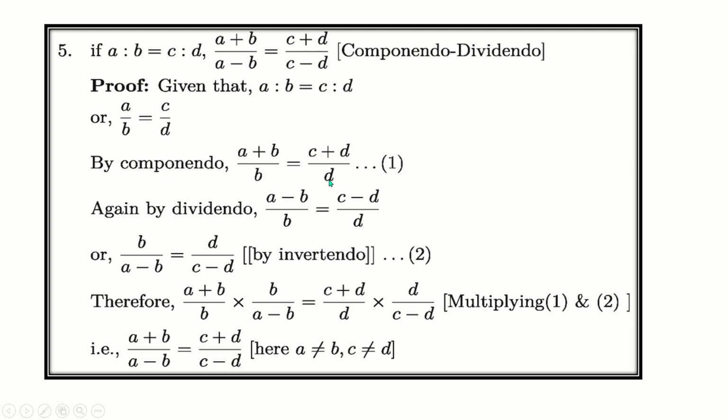By componendo we will get this, and again by dividendo we will get this, or B divided by (A minus B) from here is equal to D divided by (C minus D) by invertendo. Now multiplying 1 and this, that means 1 and 2, we will get this. Okay, and we will get this. This is componendo-dividendo.